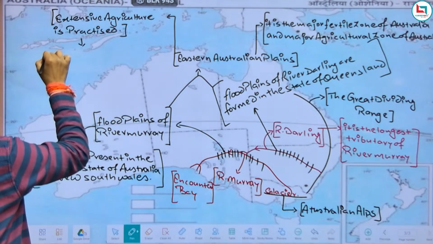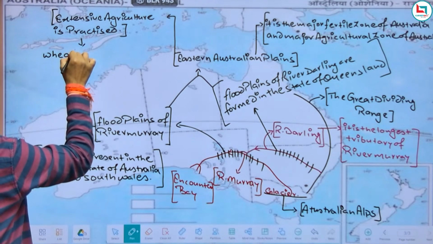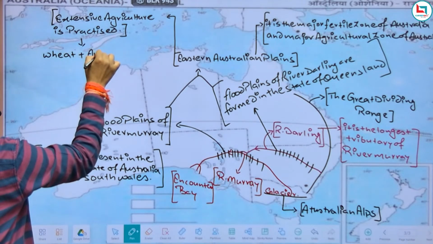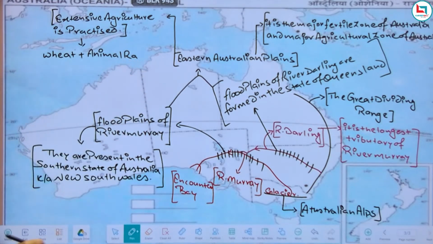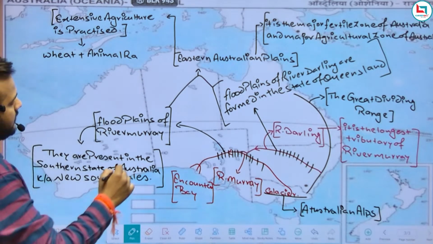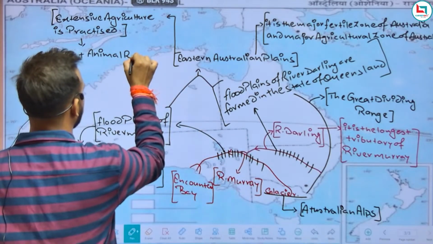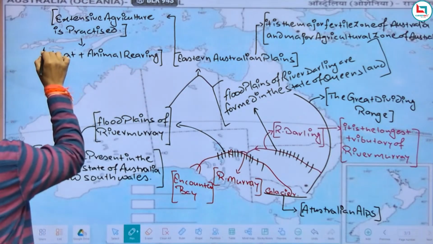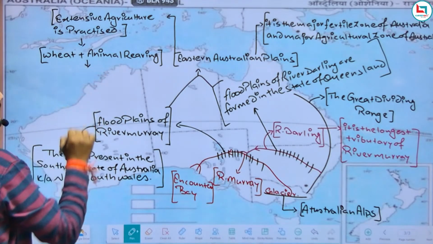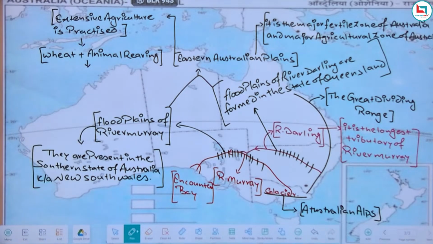Wheat plus animal rearing is being done. This is known as mixed farming. Here we have the dairy industry and meat industry.